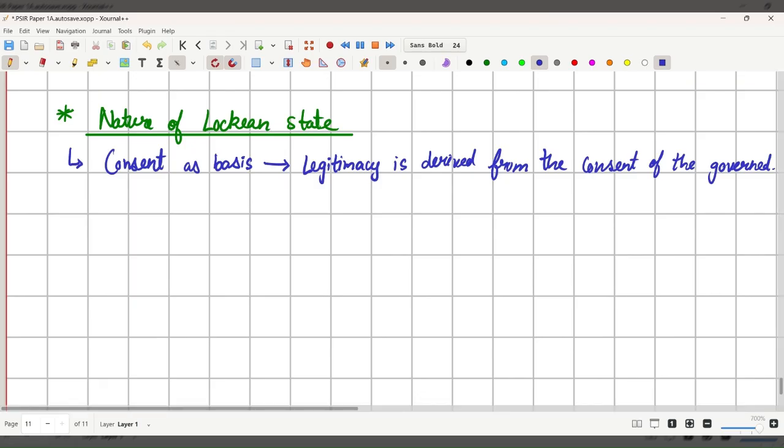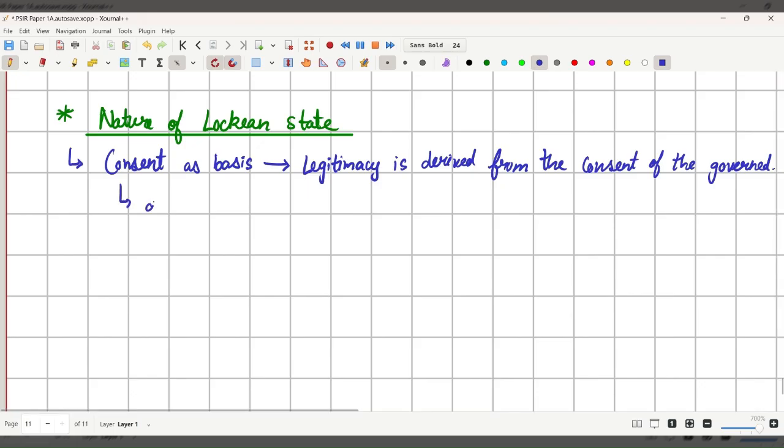He distinguishes between two types of consent.